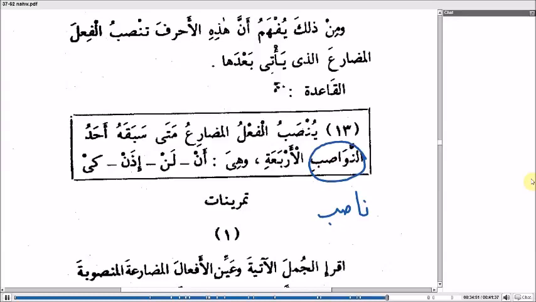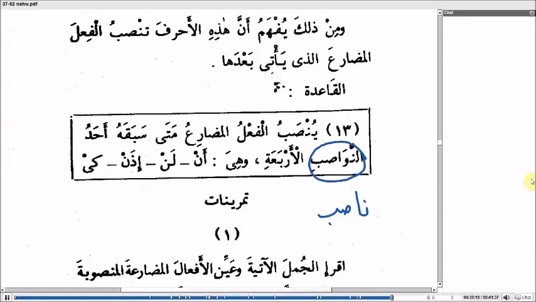So the present tense verb becomes mansoob when it's preceded by one of the four particles of nasb, which are an, lan, idhin, and kay. An, lan, idhin, kay. Those are the four nawasib of the fi'l mudari.